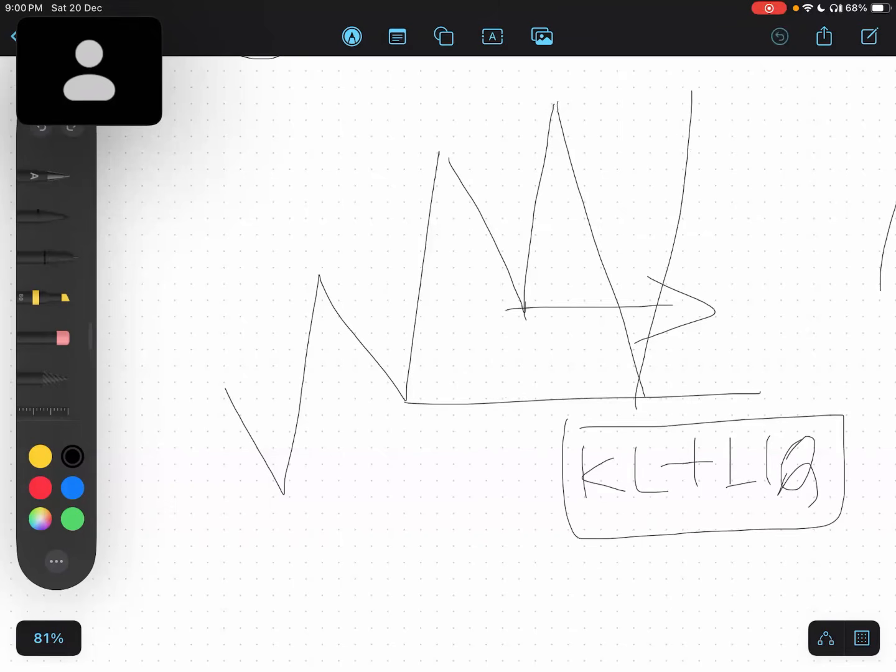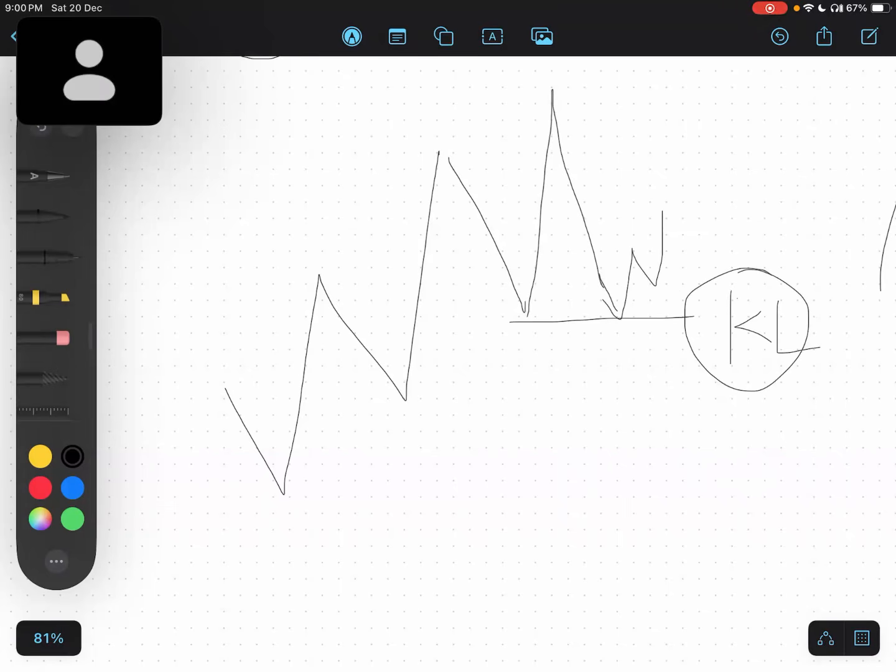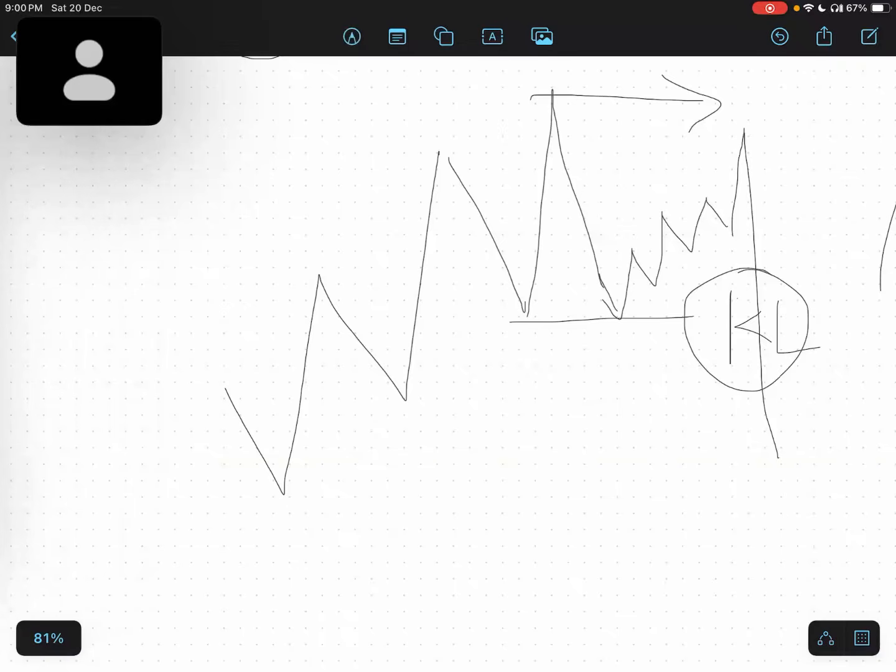If you don't have liquidity here, and you only have a key level, then it will give you some kind of buy move here, but it doesn't have the potential to make new higher highs. After that, it will come here and fall down like this. Understand? So whenever the key level and the liquidity are combined, you need to consider that as expansion.